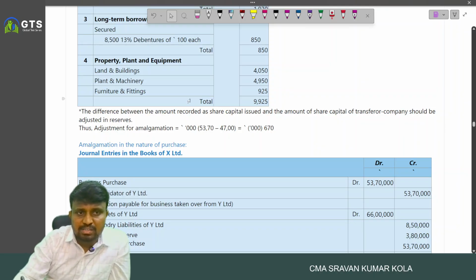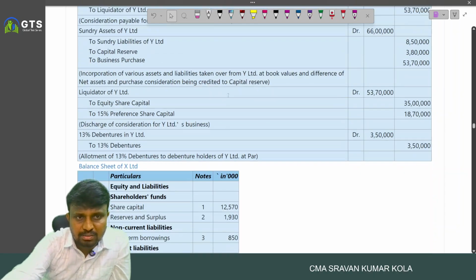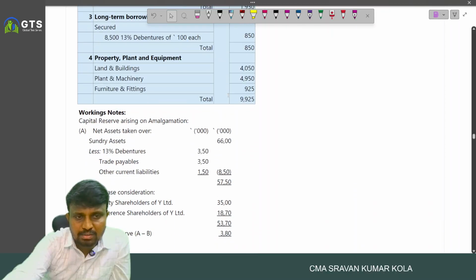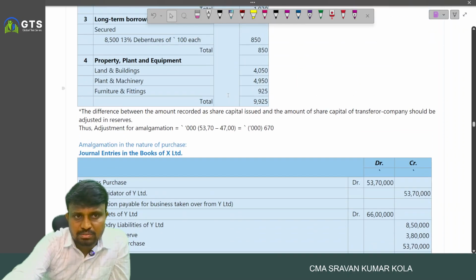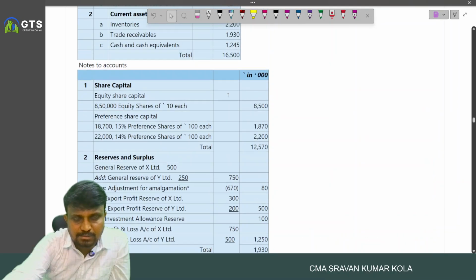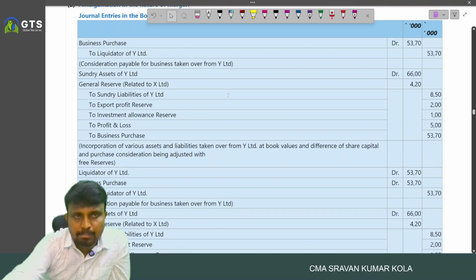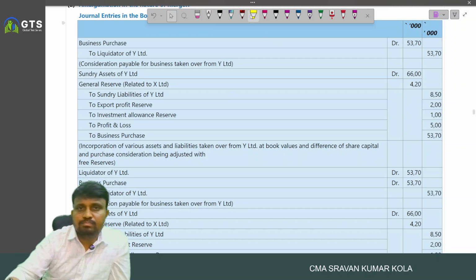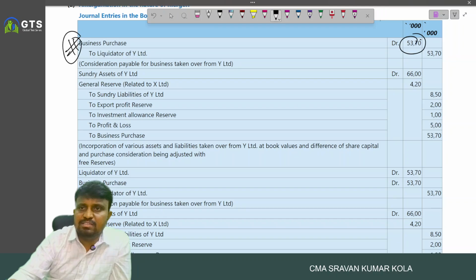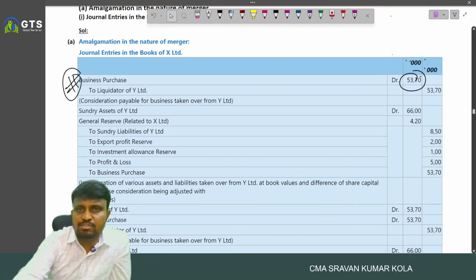So first the PC calculation here. What is the PC they computed? 53 lakh 70,000.